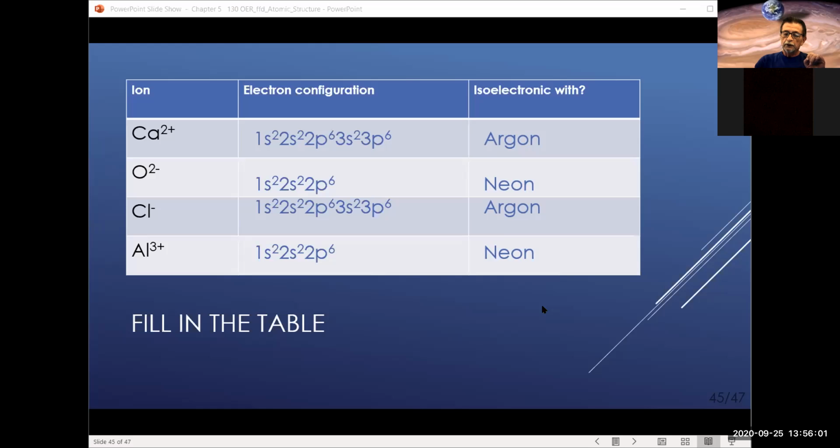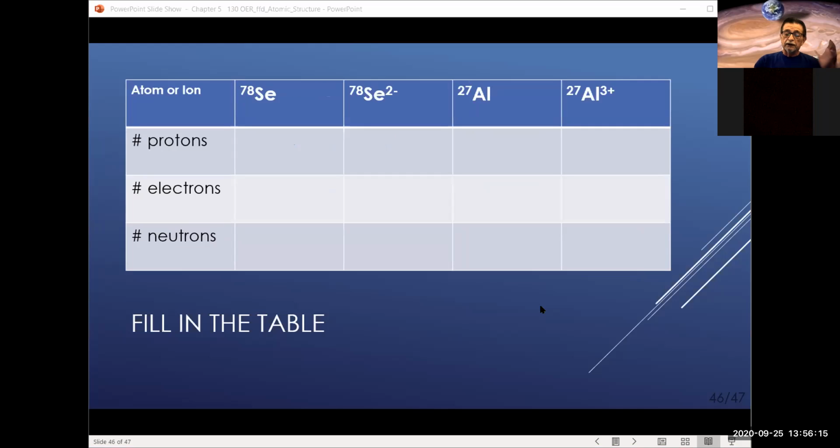Okay, so the ions have now lost or gained electrons so that their new valence shell now is full.